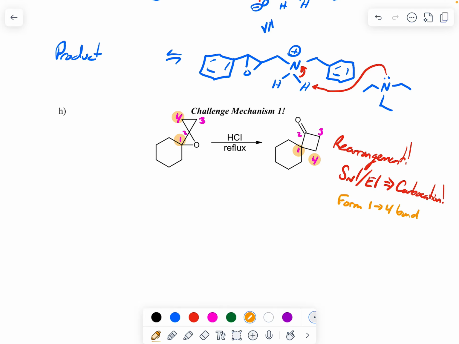In addition, we need to actually break the 2,4 bond, because notice that carbon 2 and carbon 4 are connected at the beginning. The last thing that we need to do is we actually need to form a bond between carbon number 2 and the oxygen, because it needs to have a double bond, but we also need to break the 1 oxygen bond.